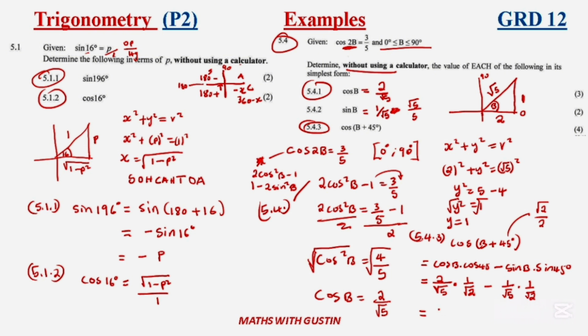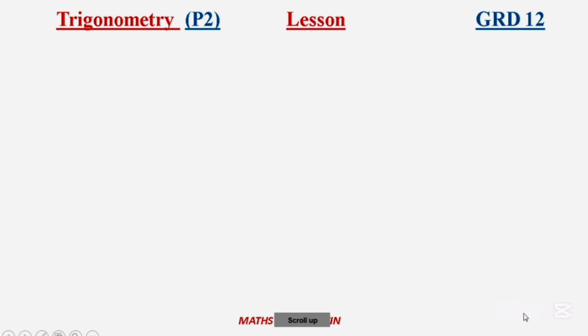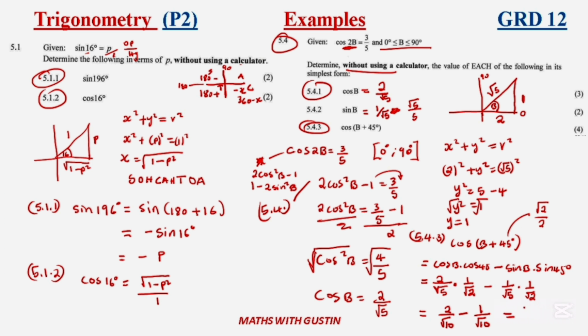Great. Now if you simplify this on your calculator and multiply this, 2 times 1 gives us that, all over square root of 5 times square root of 2, which gives us square root of 10. I'm doing this without the calculator, guys, but a calculator can really assist you to simplify further. I know they said without the use of the calculator, but you can end up wasting time dealing with so many fractions.